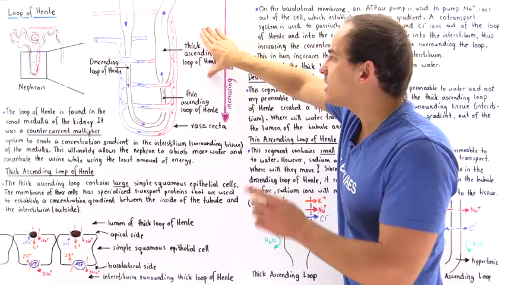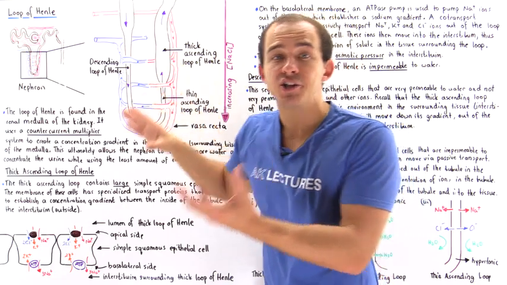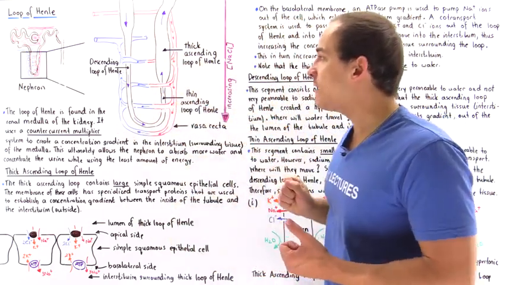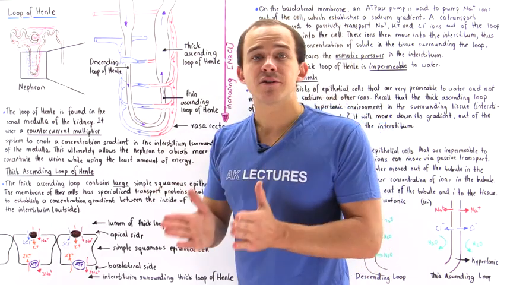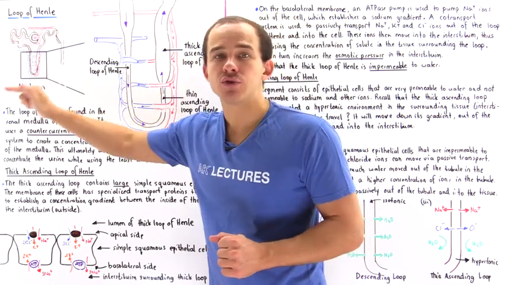So within the thick ascending loop of Henle, we establish an electrochemical gradient by using ATP, and then in the descending loop of Henle, we utilize that electrochemical gradient to passively move water out of our tubule.